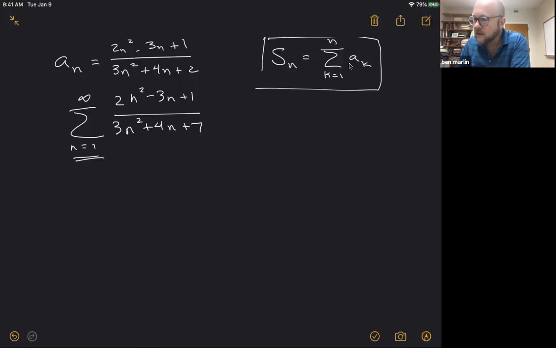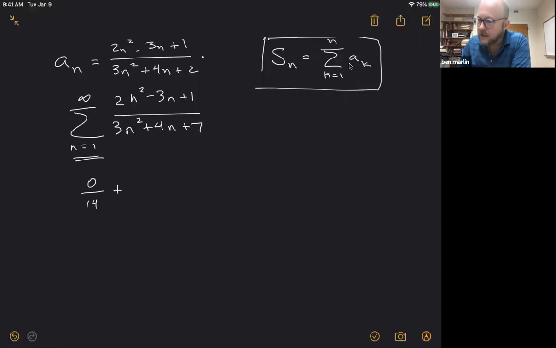If I plugged in n equals 1 to this a sub n to get the first term, across the top it would be 2 minus 3 plus 1. So you would end up with a 0 across the top, and on the bottom, you would end up with 14. So that would mean that you really have 0 over 14 there.